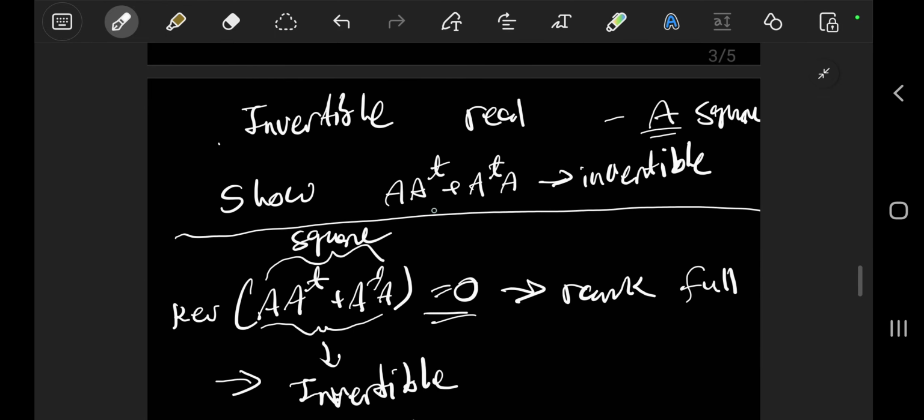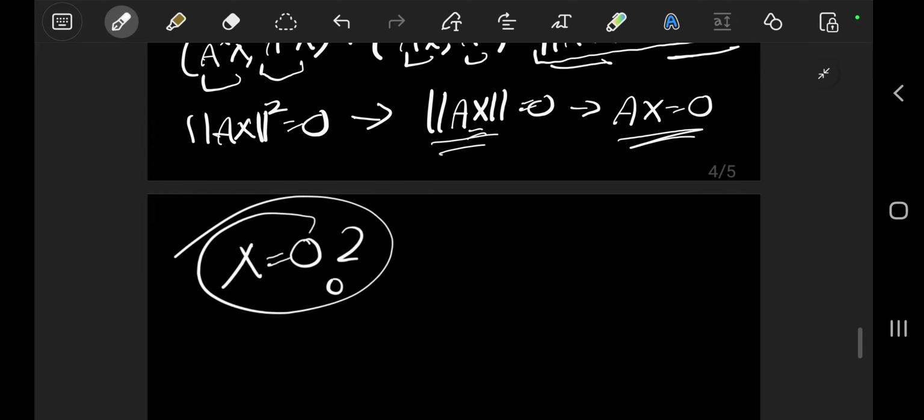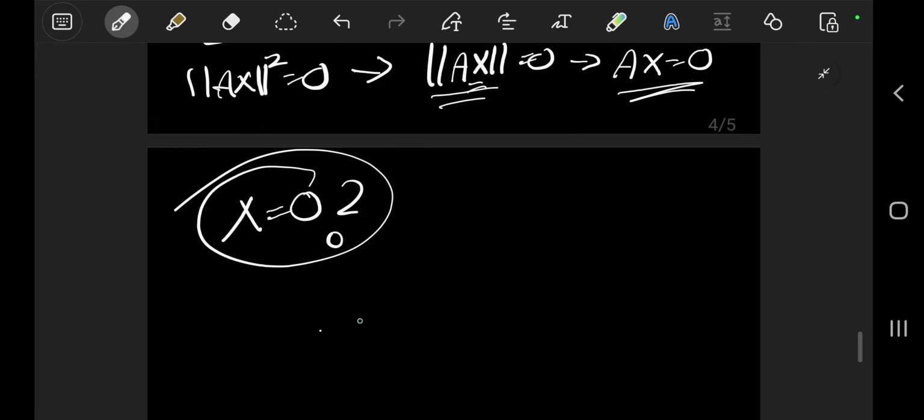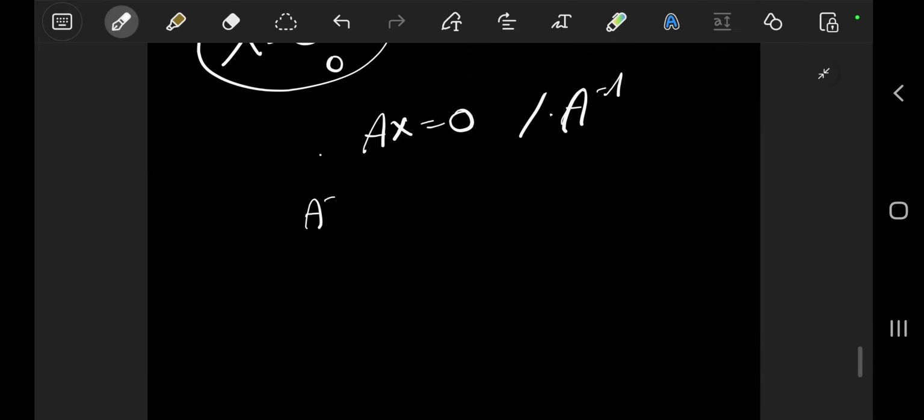Remember that A is invertible. If Ax equals 0, I can multiply from the left by the inverse. So it's A inverse Ax equals A inverse 0.